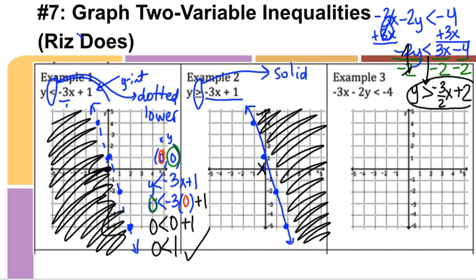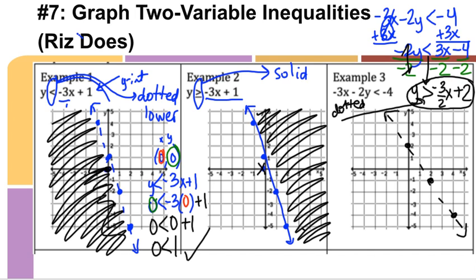And I'm going to graph this. So positive 2 is my y-intercept. I go down 3, to the right 2, down 3, to the right 2. Now I have to figure out whether this is going to be solid or dotted. This means it's going to be a dotted line. So I'm going to do that really quickly.